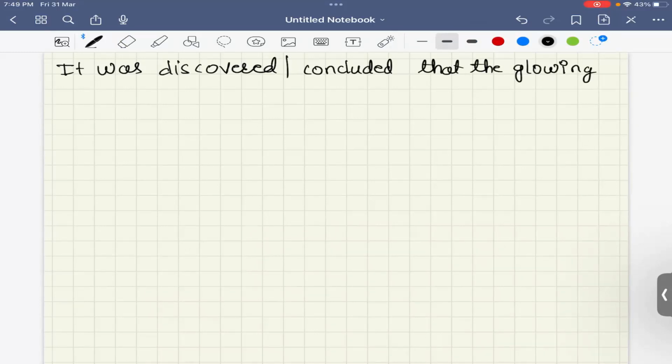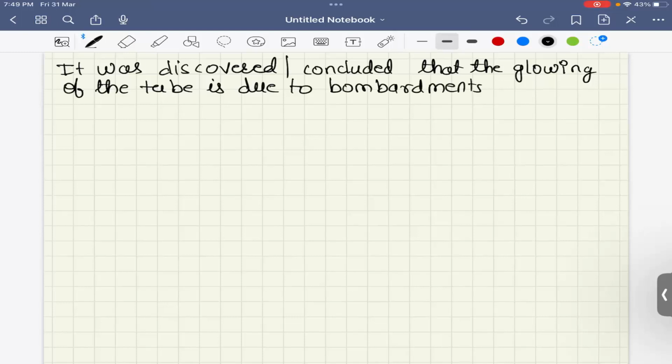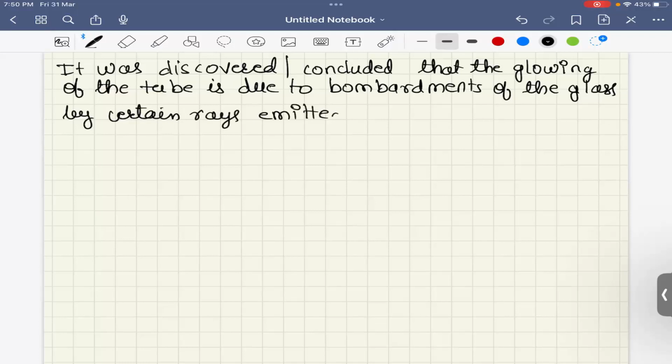It was concluded that the glow of the tube is due to bombardment of the gas by certain rays emitted from the cathode, right?